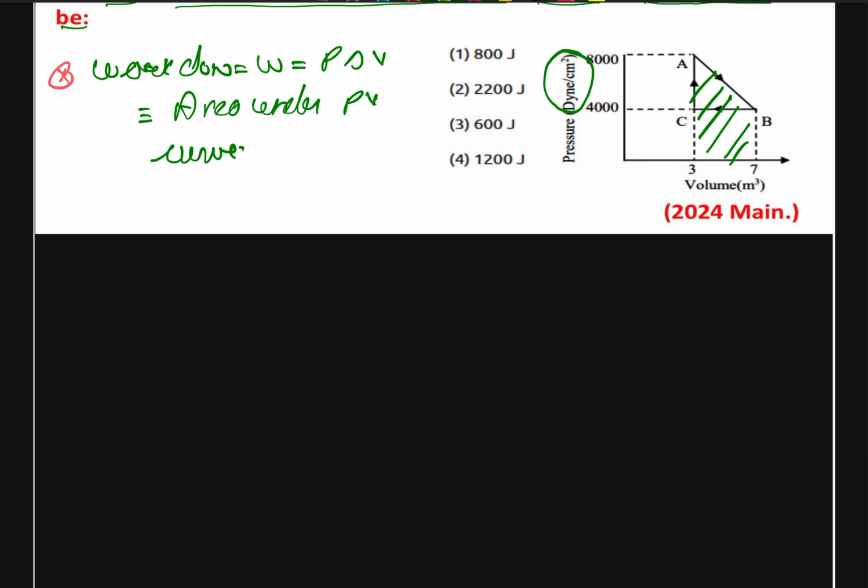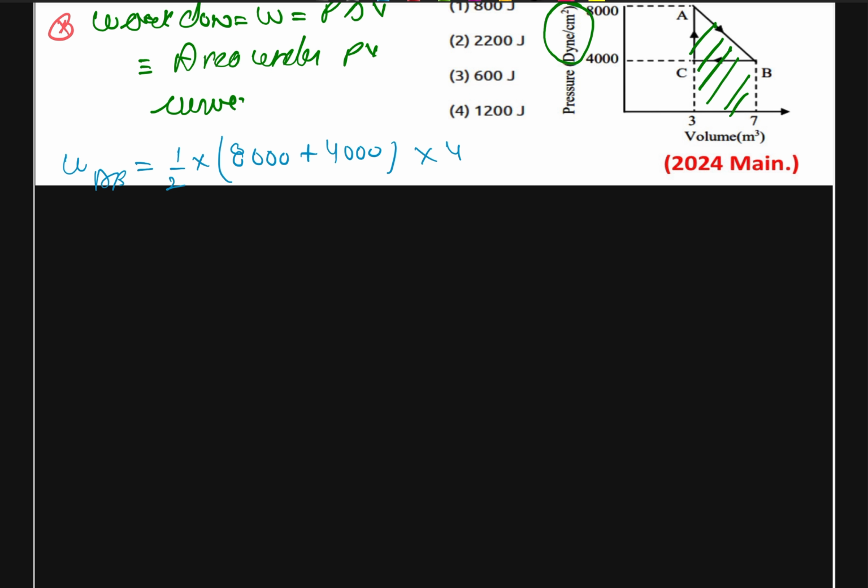So WAB will be equal to half, and this will be 8000 plus 4000 times 4, and WAB will be about 24,000.